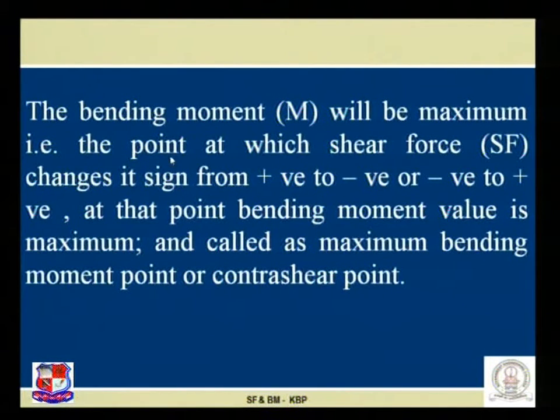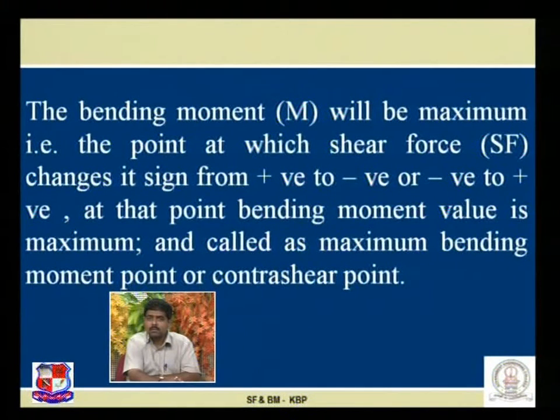That is the point at which the shear force changes its sign from positive to negative or negative to positive. At that point, the bending moment value is maximum, and the point is called the maximum bending moment point or contra shear point.